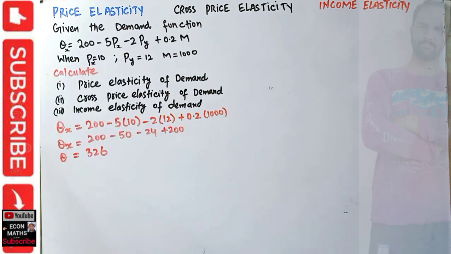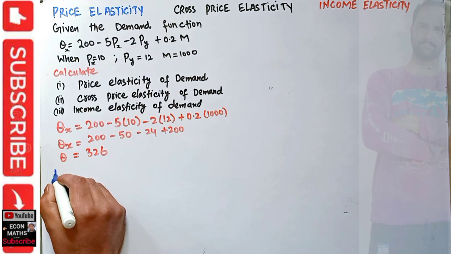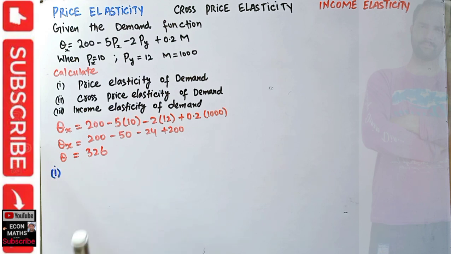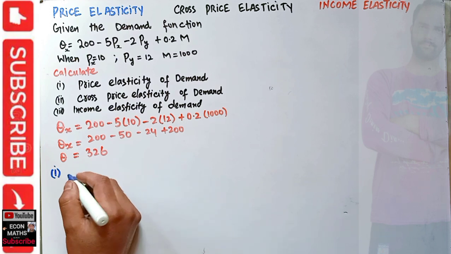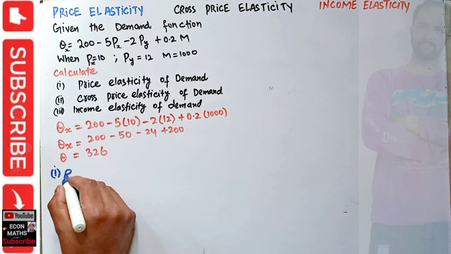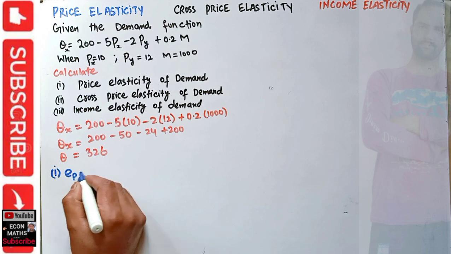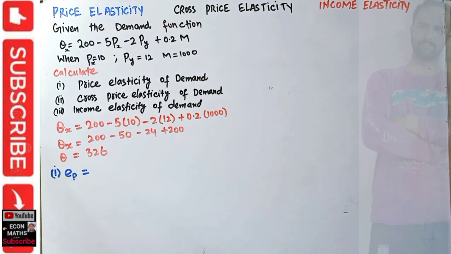Now the first thing is, we need to calculate the price elasticity of demand. Let us denote the price elasticity of demand by E subscript P. And what is price elasticity of demand?